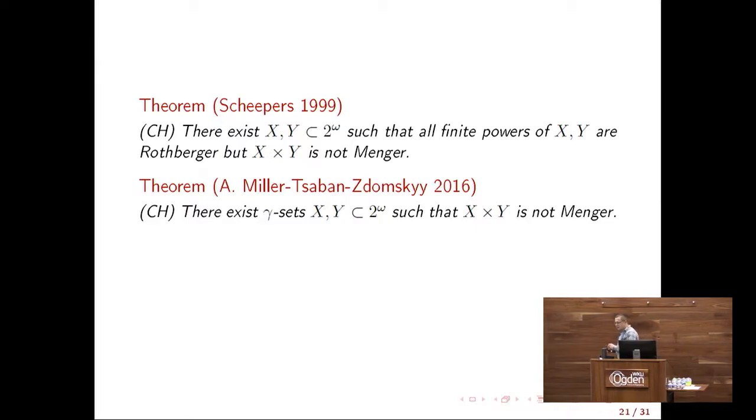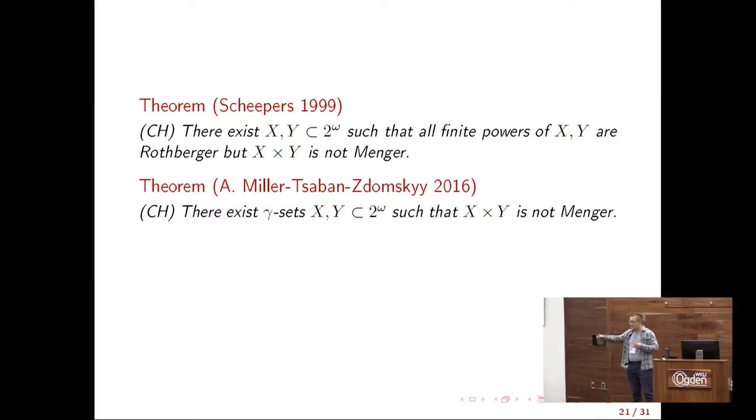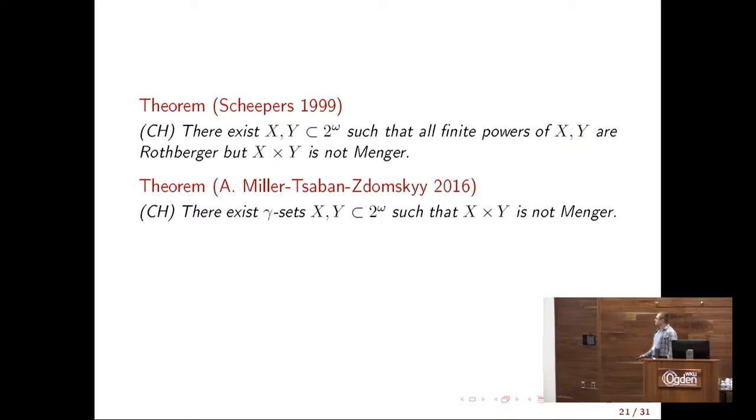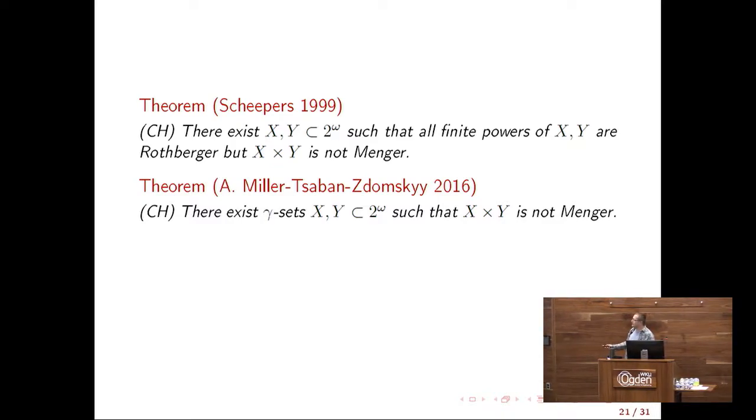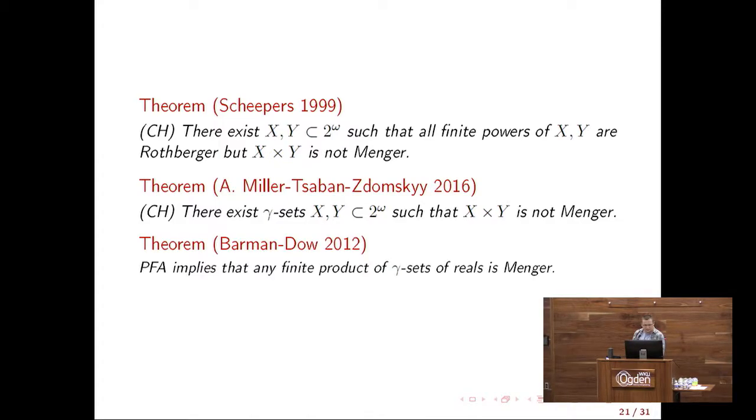So we've again got the same kind of ultimate failure, but with this very strong assumption. And of course, you cannot get it in ZFC because gamma sets collapse to countable spaces in the Laver model. So whenever you would like some failure where your properties are either gamma sets or Rothberger, there must be some additional set-theoretic assumption present in the formulation.